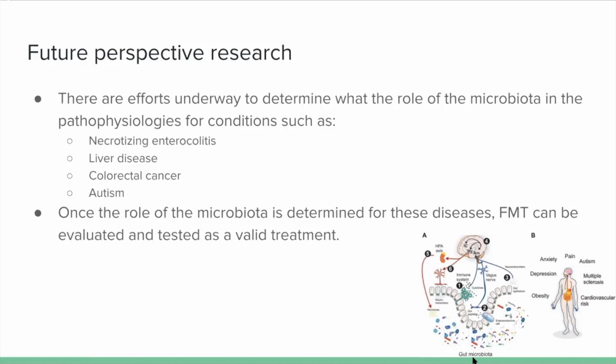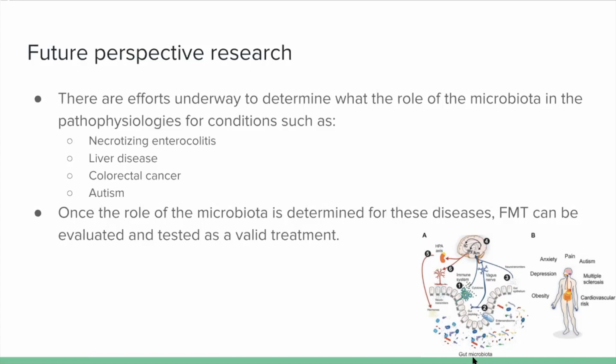And if our microbiota are shown to play key roles in the pathophysiology of diseases, it could prompt FMT to be evaluated and determined if it is an appropriate treatment for these diseases. The role of the gut microbiota is currently being analyzed in diseases such as necrotizing enterocolitis, liver disease, colorectal cancer, and even autism.